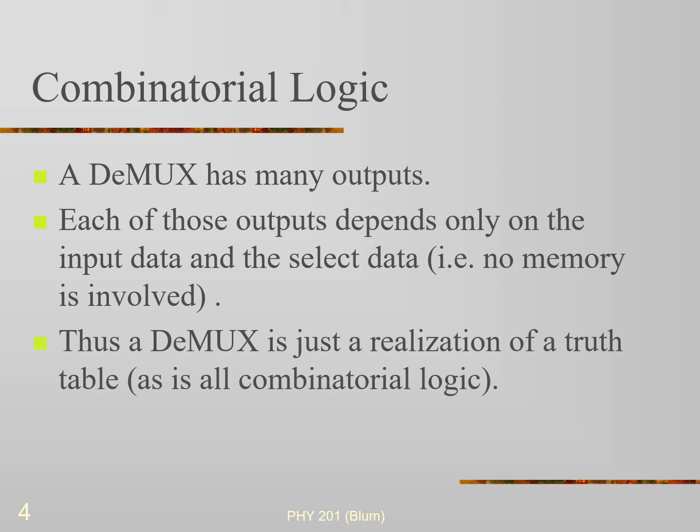So it's exactly the input that leads to the output. There's no memory. It's not sequential. You don't have to be in a certain state to get a different answer. It's always dependent just on the select inputs and the data inputs. And so the DeMUX is just combinatorial logic, just a truth table.